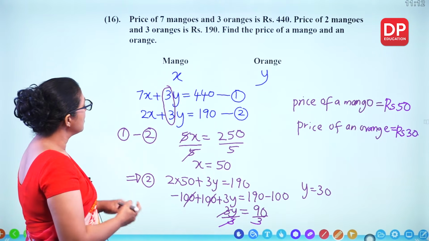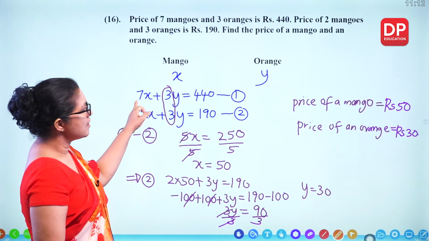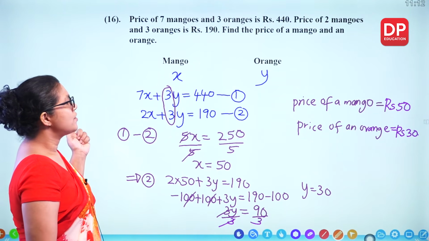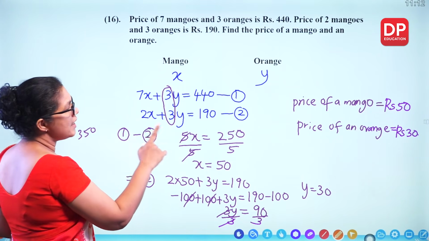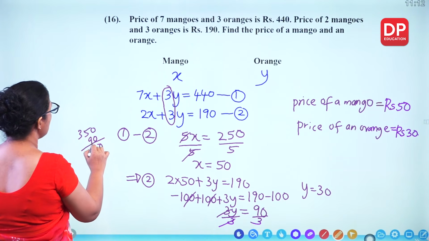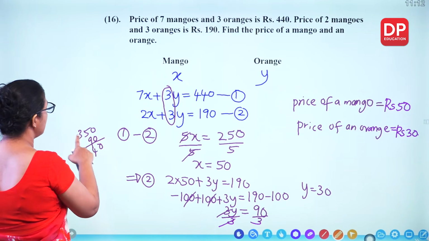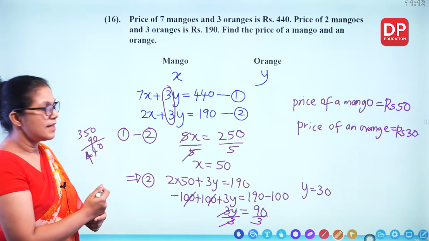We can check with the first equation. 7 times 50, 350. 3 times 30, 90. What's the addition? 440. So the addition is 440. That's correct.